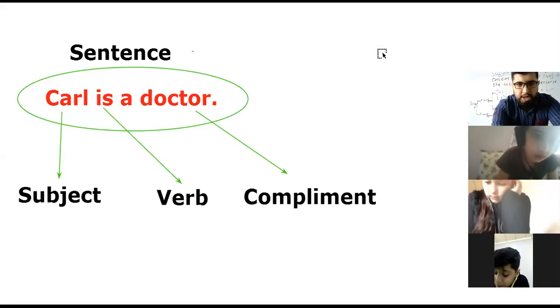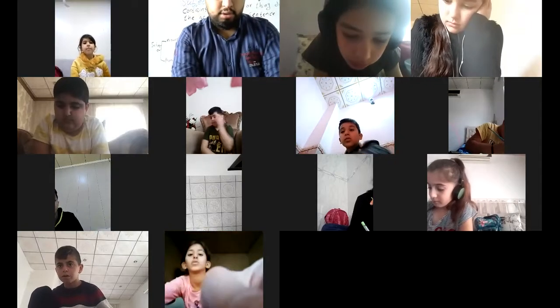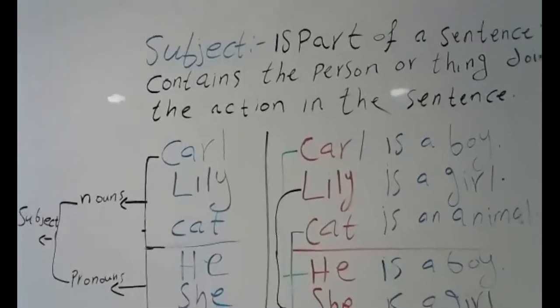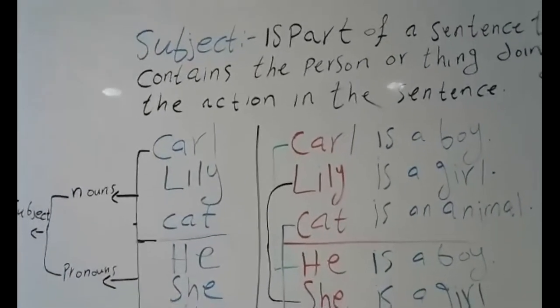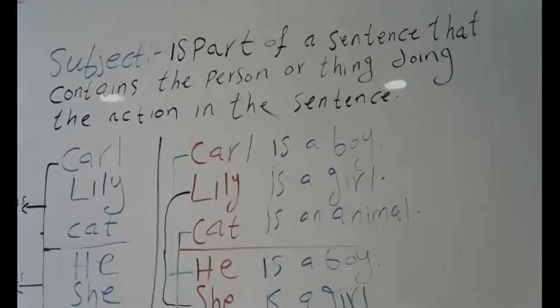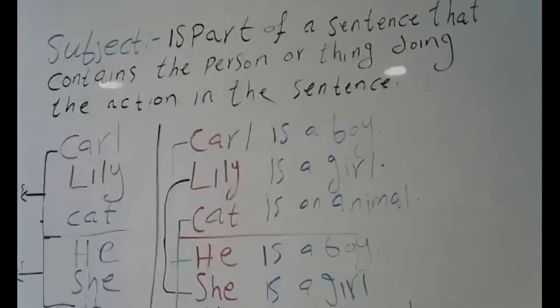So, let me go back. I'll send this to you, don't worry. So, focus on here. Look at the board, what you have on the board. I'll send these to you. You have to write them.